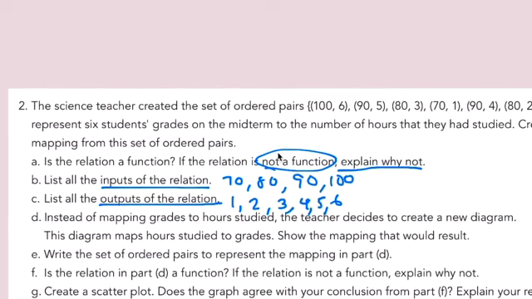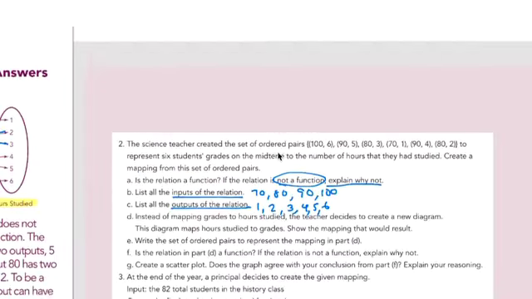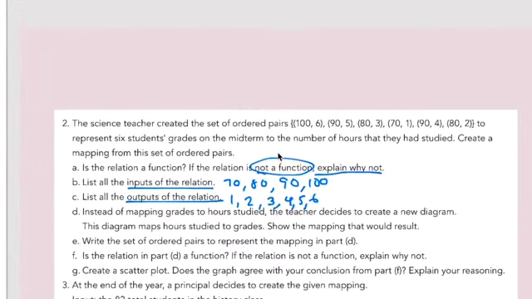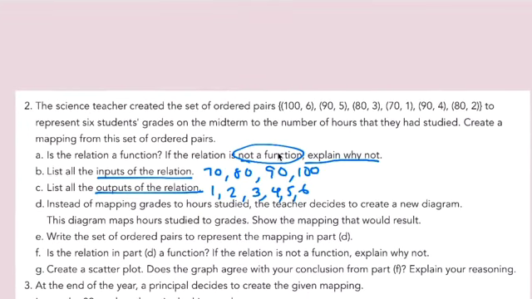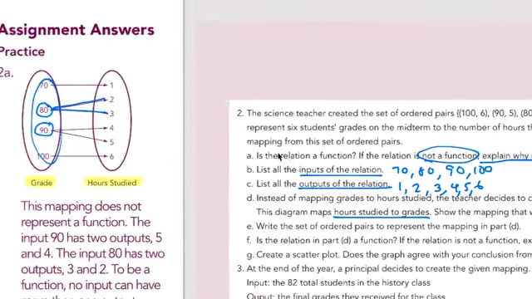Instead of mapping grades to hours studied, the teacher decided to create a new diagram. The diagram maps hours studied to grades. Okay, then it would be a function. So hours studied to grade. So reverse it.